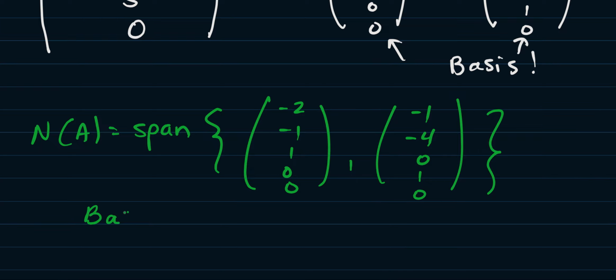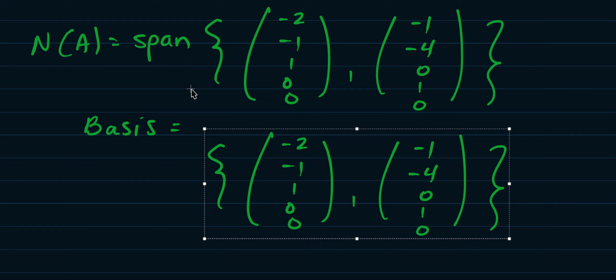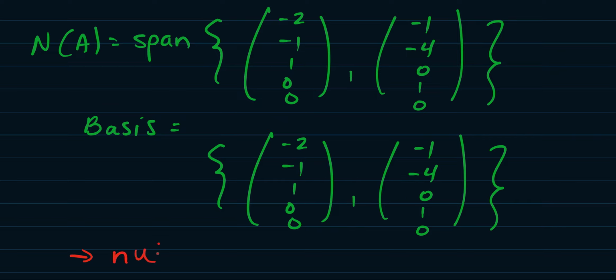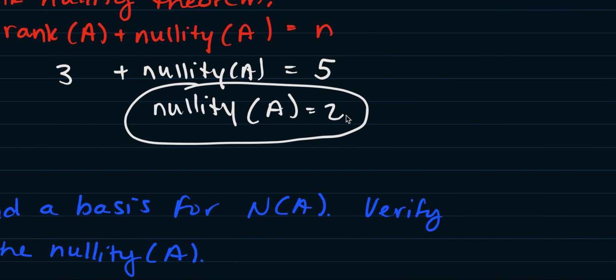So the basis is just these vectors. I want to remind you, don't put span of these two vectors. That would be the whole space. I just want the basis, and it's just these two vectors. And you can see that the nullity of the matrix A is equal to 2, just like what we had expected to find, the nullity being 2.